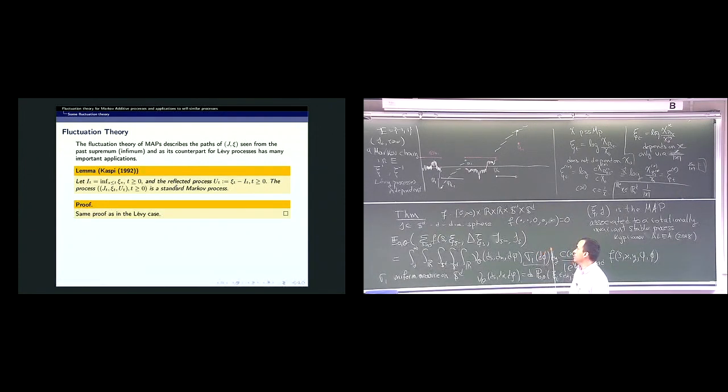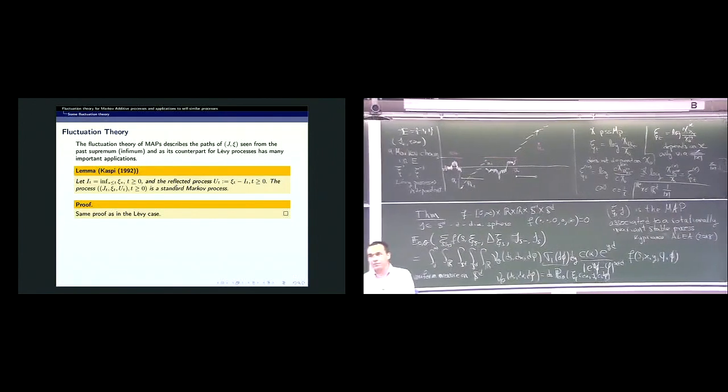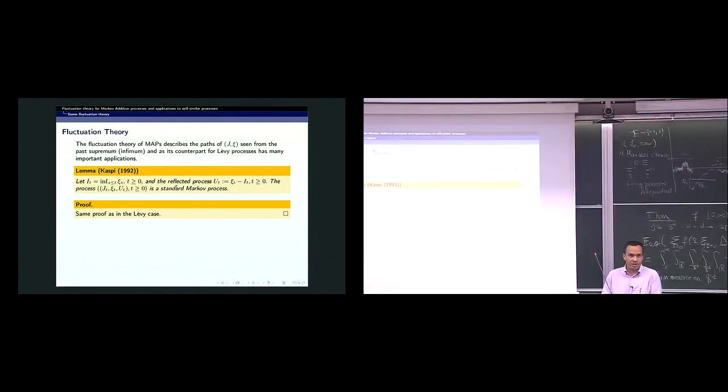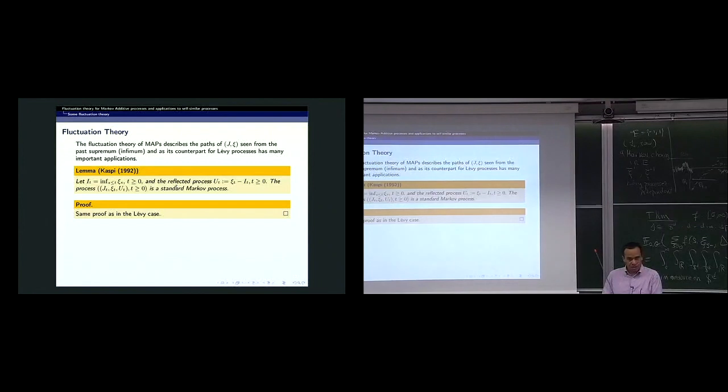So now we have already answered two of the questions. The Markov additive processes have a nice structure, similar to the one of Lévy processes, that we can characterize those processes using the jump measure, the Gaussian part, the drift.